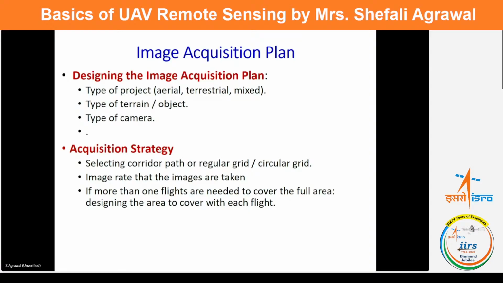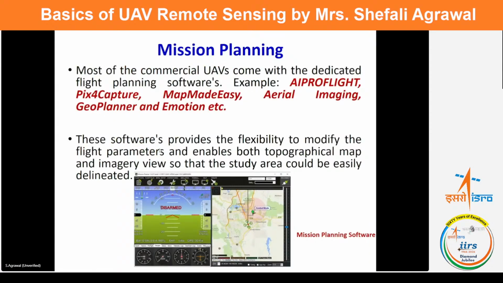Then the type of the terrain, the type of the object, the type of the camera or sensor payload which you're going to use, whether the path of the data collection is circular, grid, rectangular, or regular, what kind of data is to be collected, and the area of your coverage. The acquisition strategies also need to be defined. So the mission planning part involves various key parameters. There are a lot of commercial software packages available.